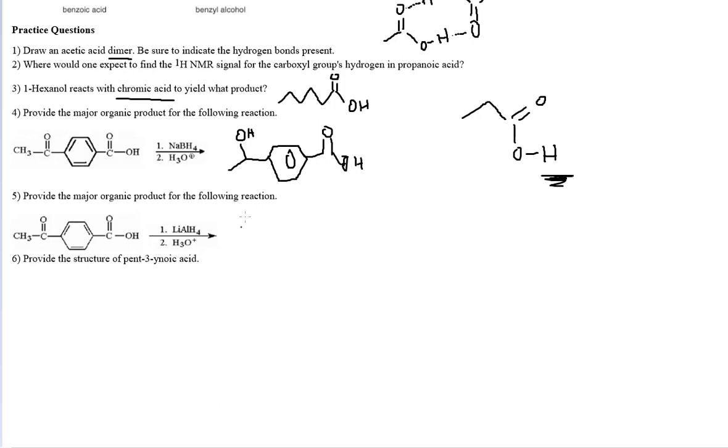For the next reaction, we're using lithium aluminum hydride. Well, lithium aluminum hydride is a strong reducing agent, so both sides get reduced. So we're going to draw out our benzene. Then on this side, we have a primary alcohol. My mouse is acting up, my bad. And on the other side, we have a secondary alcohol.